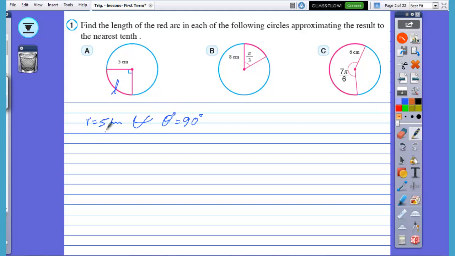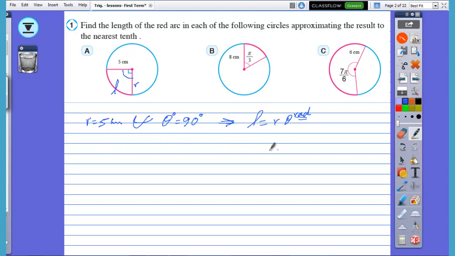The relation between L, R and the central angle is this rule, such that L equals R theta radian, theta in radian measure. So we must convert from 90 degrees to theta in radian.